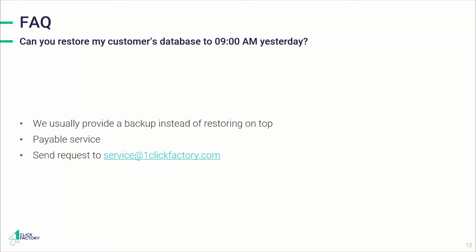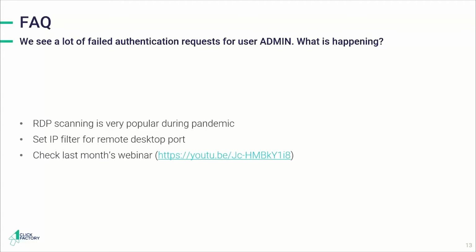You can just choose the backup and restore it on top of your own database. The service is payable, and to get the backup, you should send a request to service@1ClickFactory.com. You should of course indicate for which customer or installation you need the backup and for which exact time, including time zone. Good, clear with that.